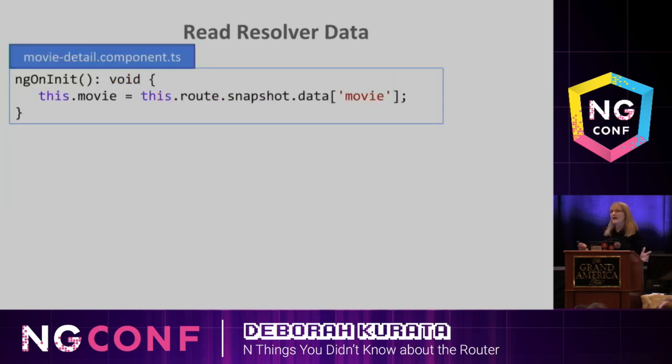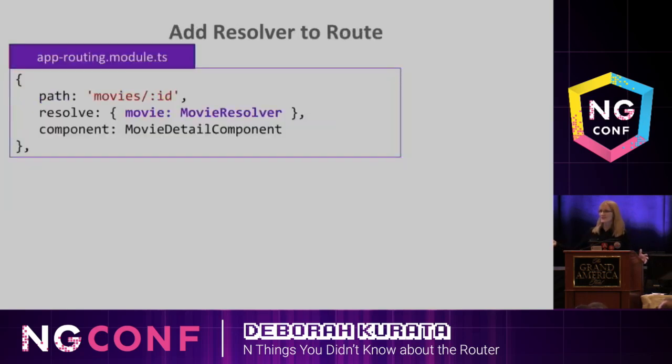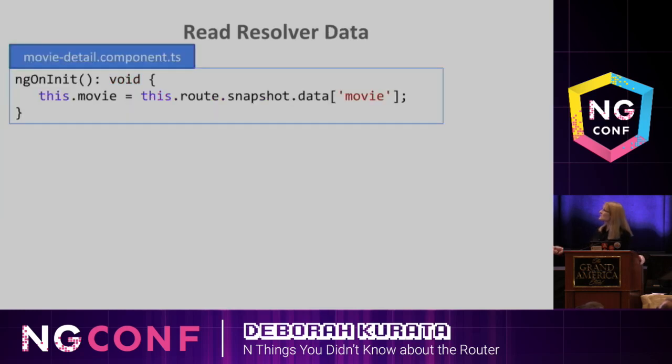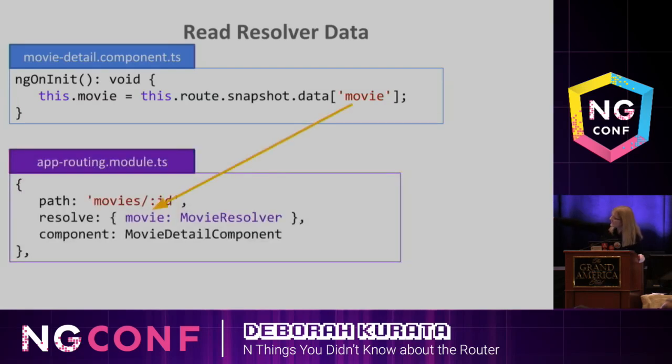Then in our actual component, we no longer need to use our service because our resolver already got the data. So in our ngOnInit, we can set our data property to this.route.snapshot.data and pass it the name. The name, again, was the name that we had specified in the routing module there.